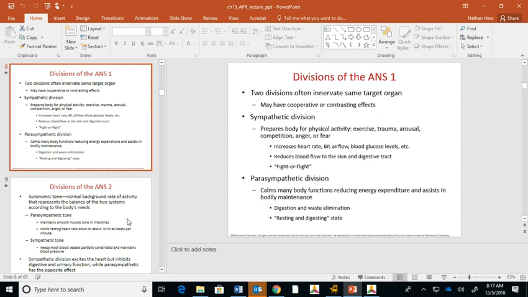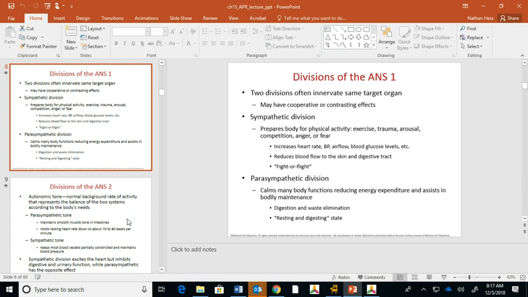Two big divisions of the autonomic nervous system. You've already guessed them because we've talked about them already. Sympathetic and parasympathetic. And this section that we'll talk about today is basically going through these different pieces and understanding how they work, the anatomy behind them, etc. So, in general, parasympathetic and sympathetic both go to the same organ.